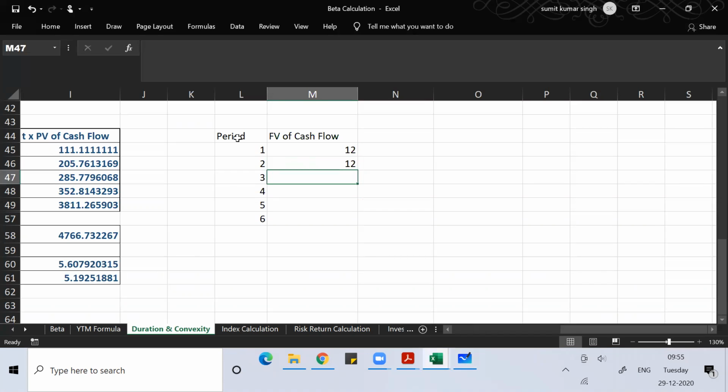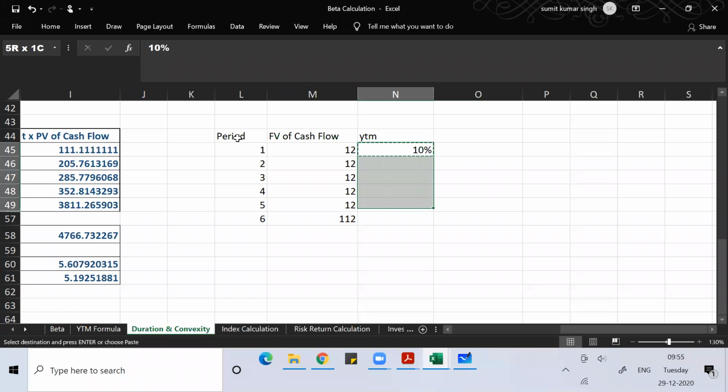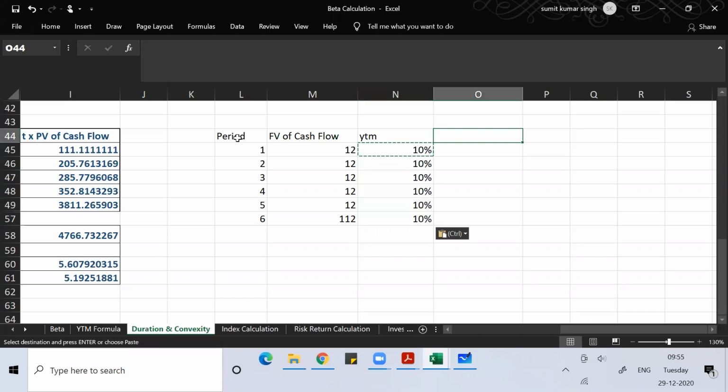For 6 years you are getting 12 rupees. Then in the sixth year, you will get 12 plus face value. Face value is 100 rupees. This is the future value of cash flow. YTM, you can take approximate 10%. Why take 9 point something? You can do that, but you unnecessarily waste your time.